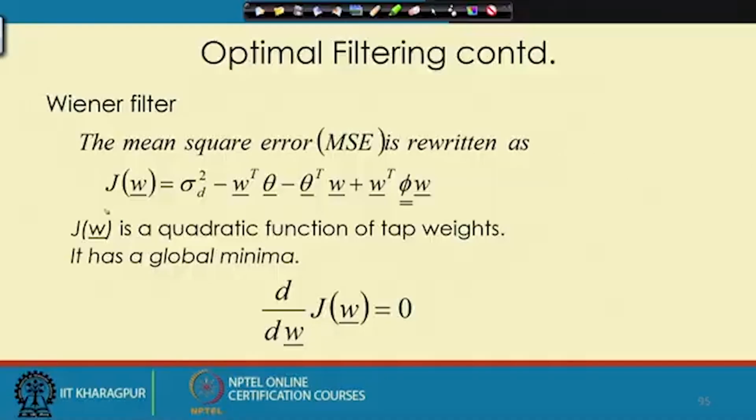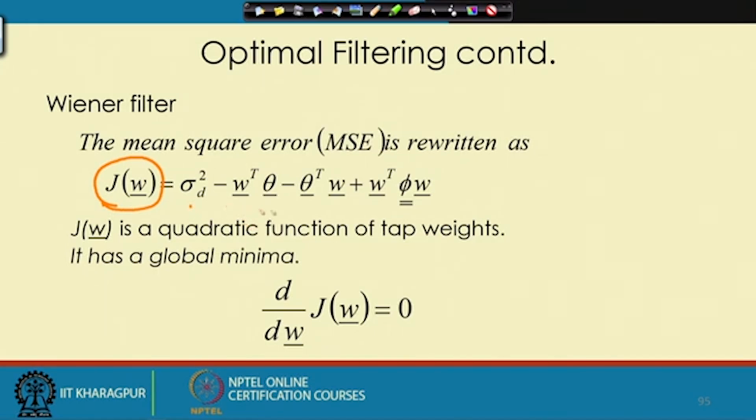So, for the Wiener filter, now that we have the constituent terms, with the help of that we can write the mean square error J(W) in a more compact way. The first term is the variance of the desired signal.